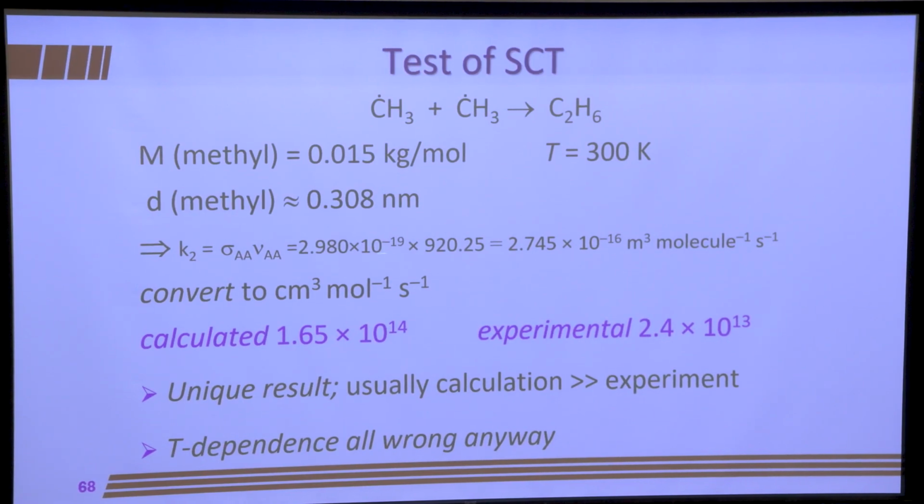That comes out to 2.745 times 10 to the minus 16 meters cubed per molecule per second. Converting to centimeters cubed per mole per second, it comes out to 1.65 times 10 to the 14.